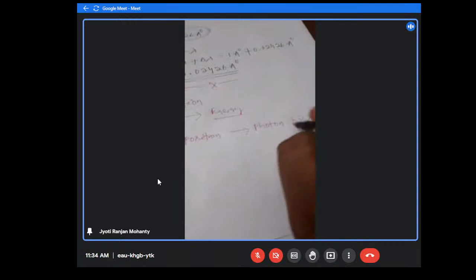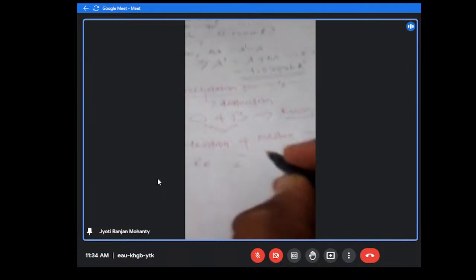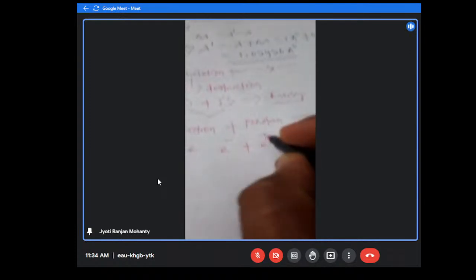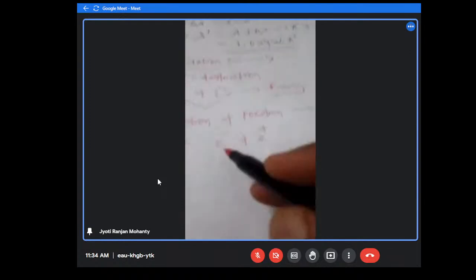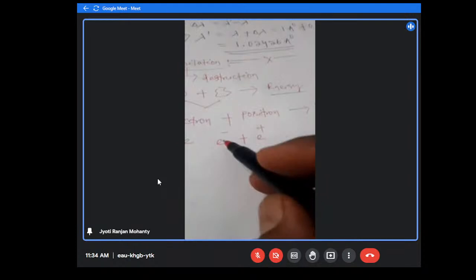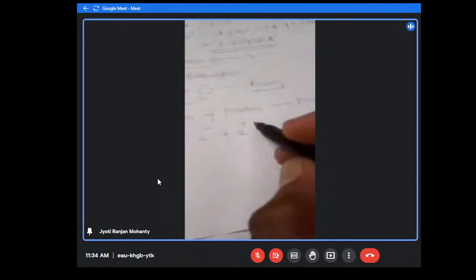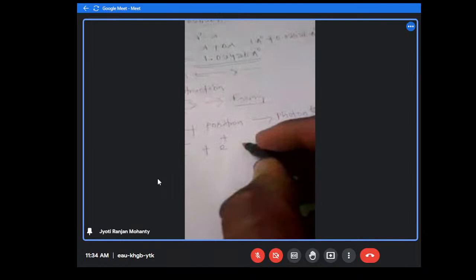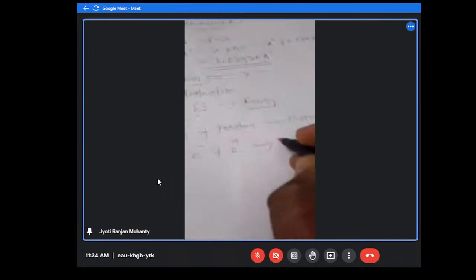Write: electron combines with the positron, we get the photon. Electron means E minus, positron means E plus. A positron, being an antiparticle, has the same mass but opposite charge, and we get energy E equal to h nu. So this is the equation.